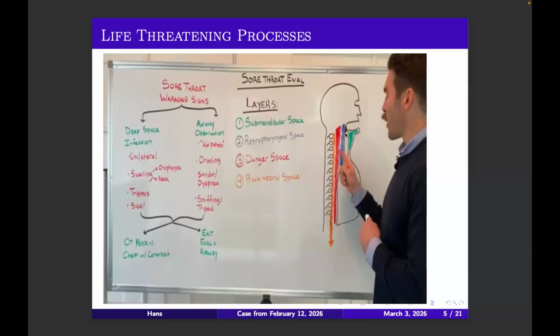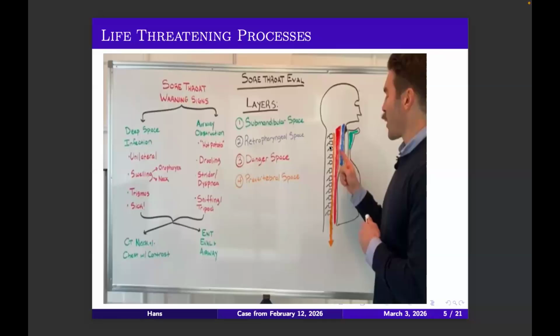If the infection gets even deeper into the red space, which is the danger space, that is a highway to the mediastinum, and that would be very serious. And rarely, if ever, it reaches the paravertebral space.